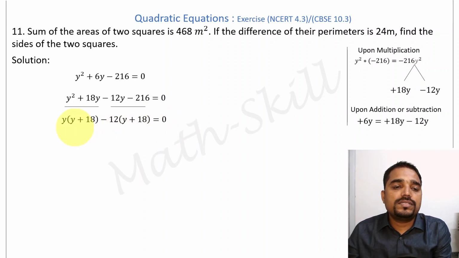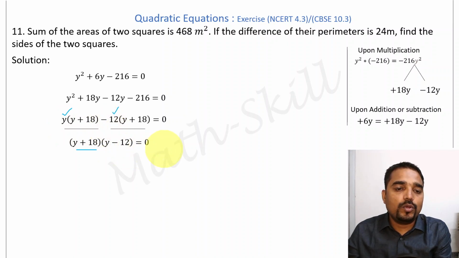Now we see that y plus 18 is common between the two terms. If you take y plus 18 common, we would be left with y and minus 12. That is, y plus 18 is taken common, and y minus 12 is left, equal to 0. So multiplication of two terms is equal to 0.